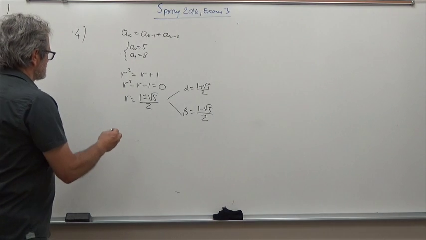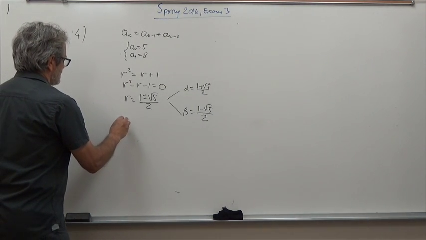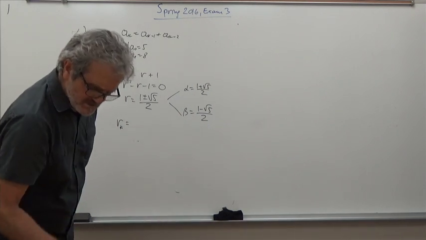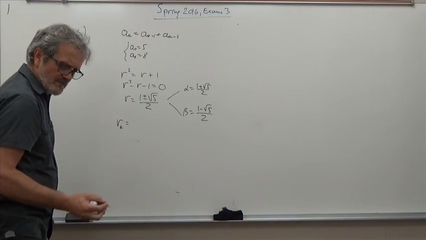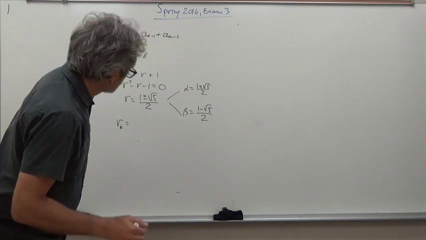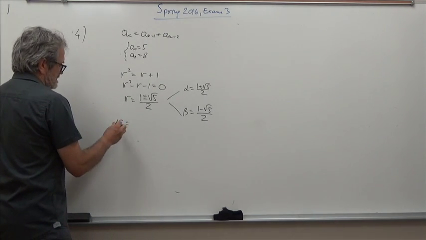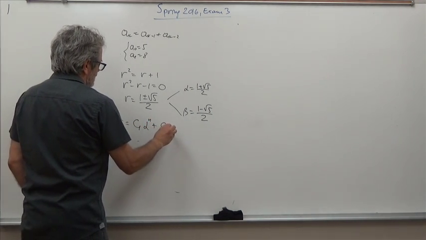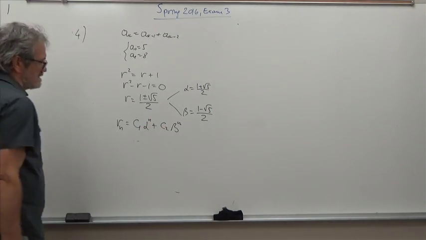So our solution looks like this. R^n is C1 alpha to the n plus C2 beta to the n.